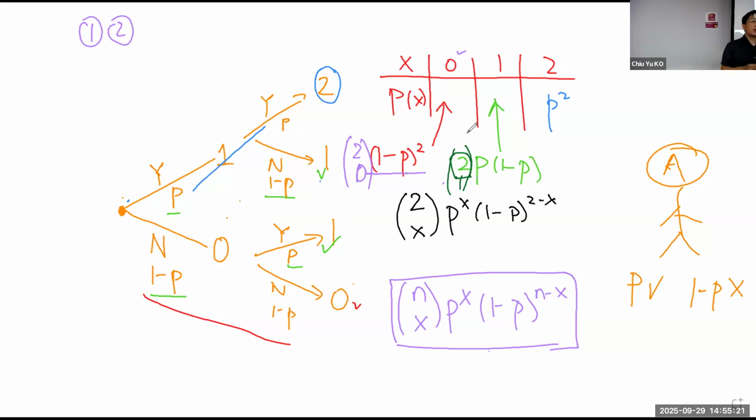Because there are 2 balls, you can have 1 way being only the first or only the second, so success the first time, failure the second time. So that's why 2C1. And the last one will be 2C2, and that's 1 way to pick both balls. So that's why 2C2. So in general, that's why this is the case.